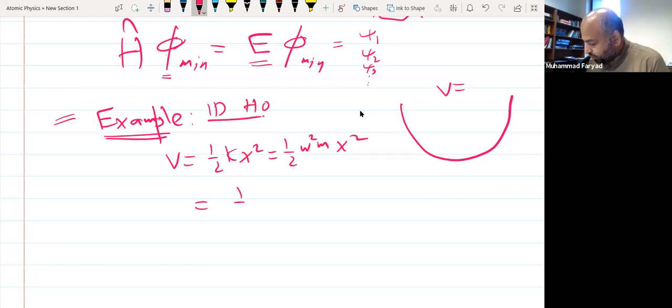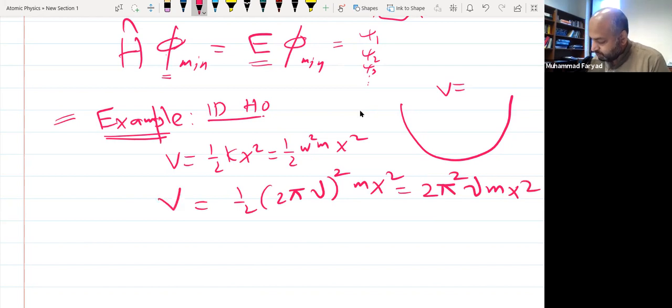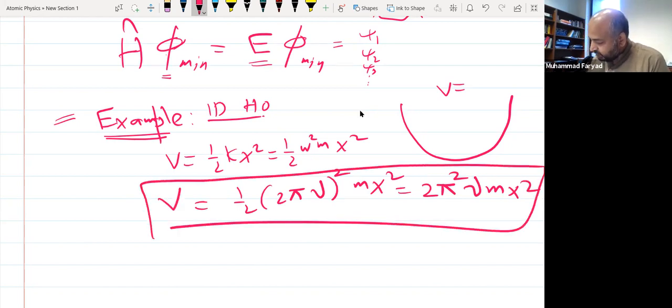And if I write omega as 2 pi nu, where nu is frequency, I can write it as 2 pi square nu square m x square. So this is my potential of this one-dimensional harmonic oscillator.